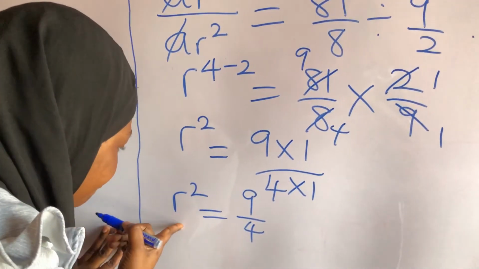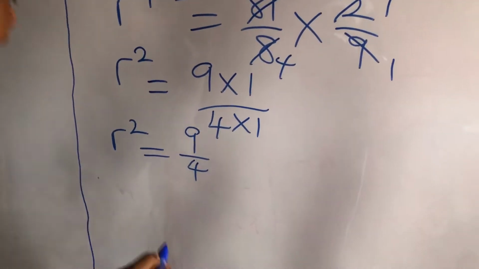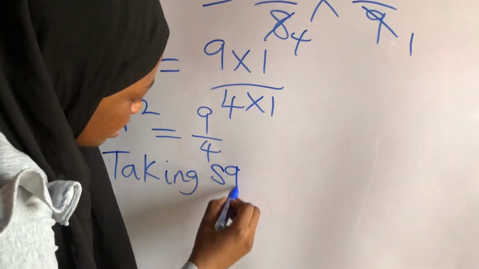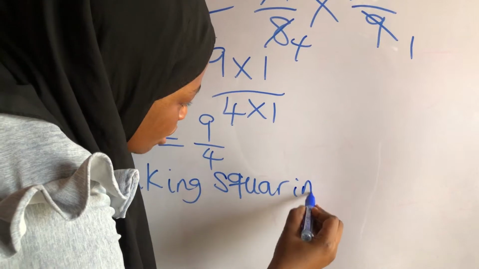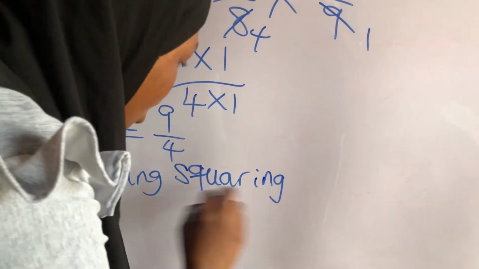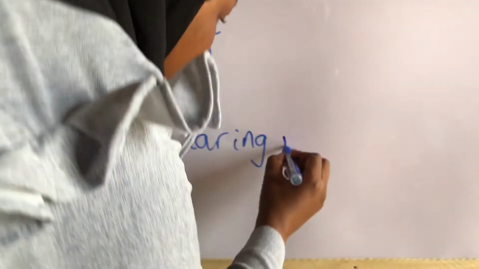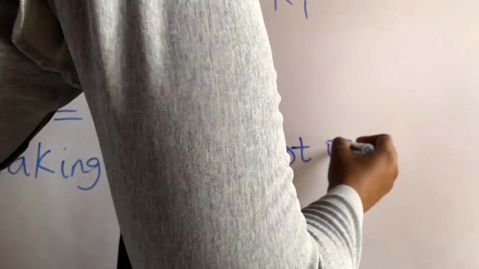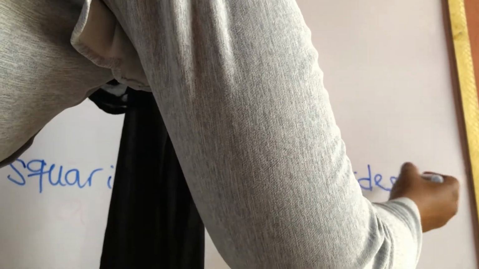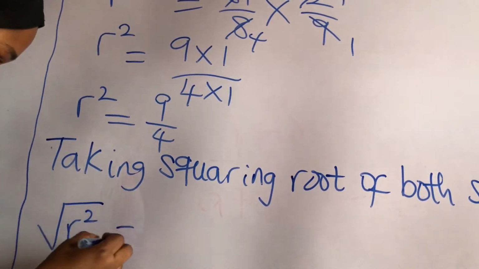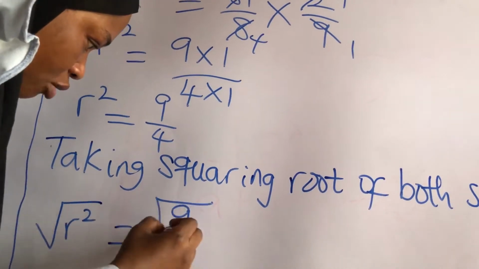So here we now find the square root of both sides. I'm writing it so that those that want to write WAEC or any exam will know how to write everything, because all these steps give you marks. Taking square roots of both sides gives, square root of R squared is equal to square root of 9/4.